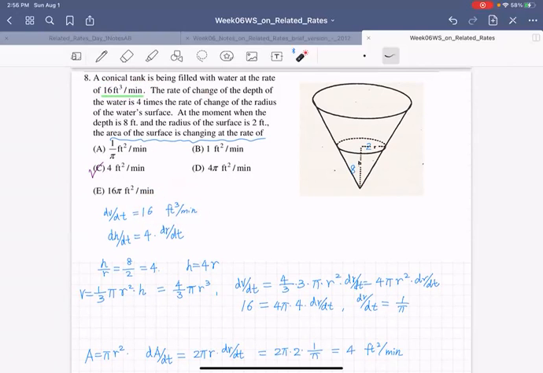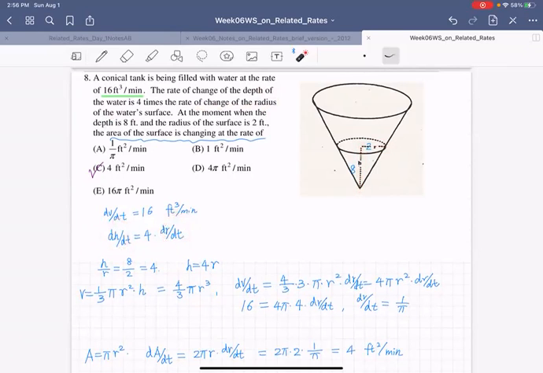And so you want to have the good habit of writing down here the rate of change of the water depth, dh over dt is 4 times the radius change. So dh over dt is 4 times dr over dt. Okay?